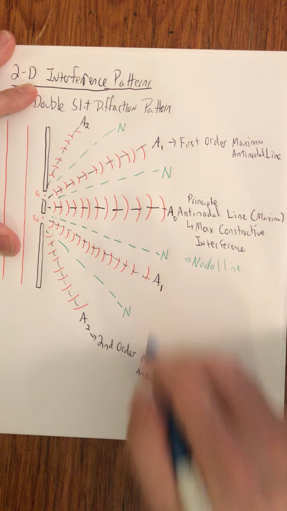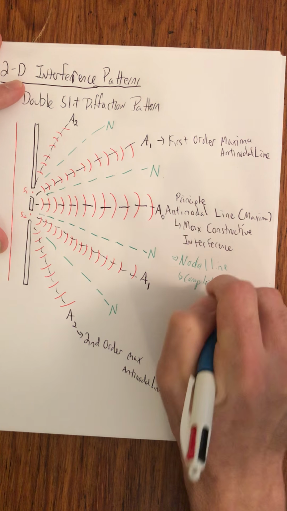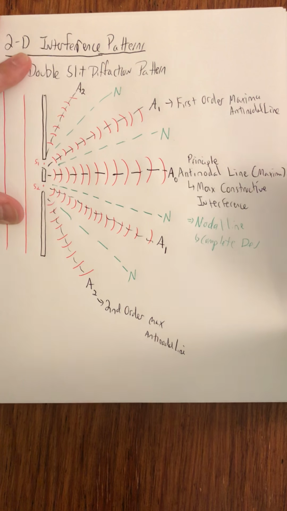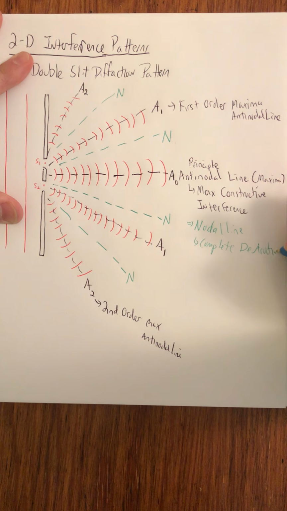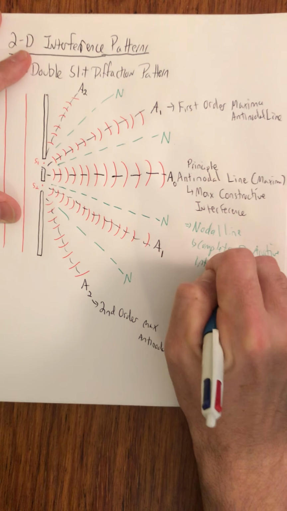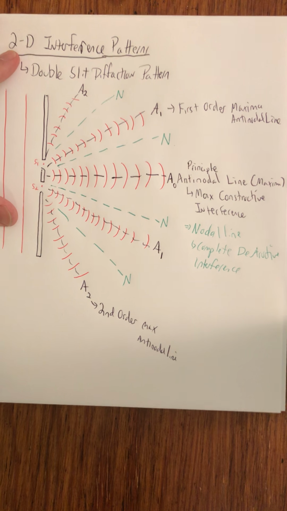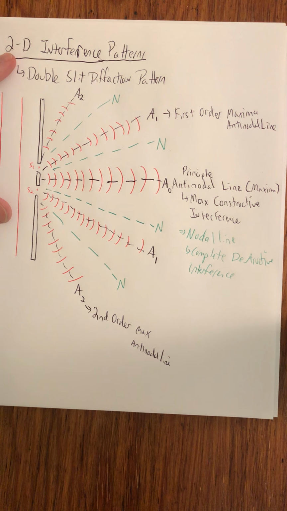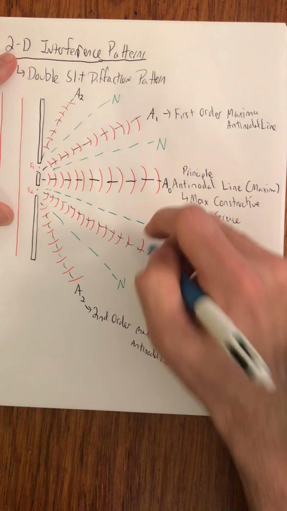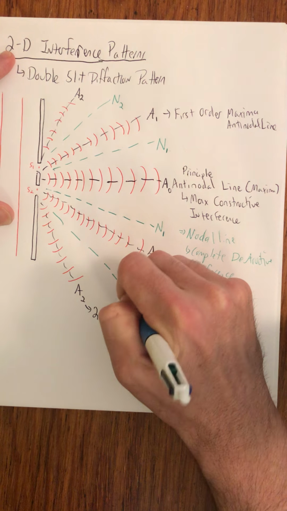And at a nodal line, I'm getting complete destructive interference. Okay, so at every nodal line, you're getting complete destructive interference. Now, in terms of naming, I'm going to call this N1 and N1. This is N2 and N2.